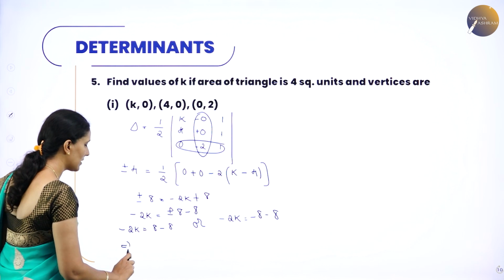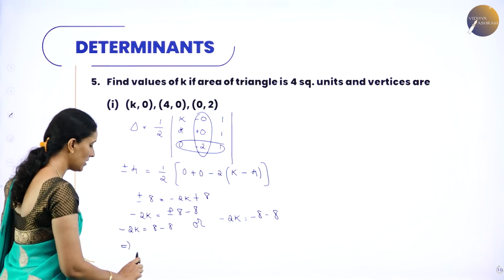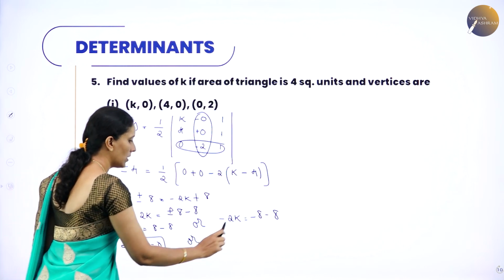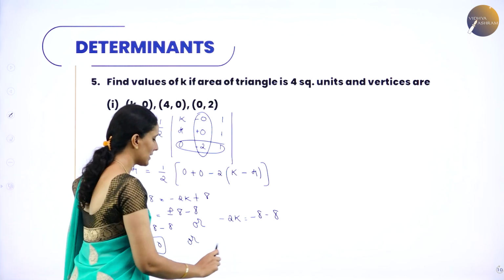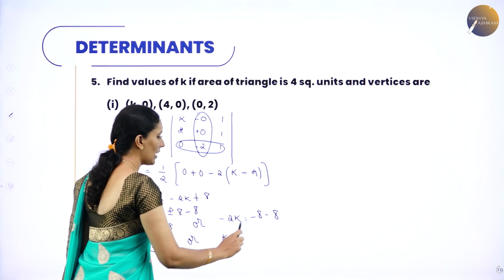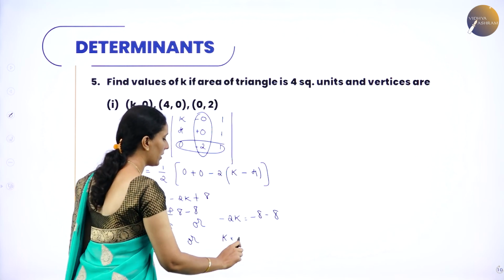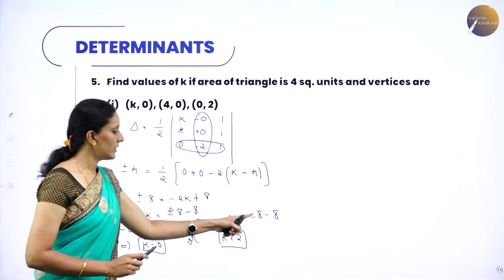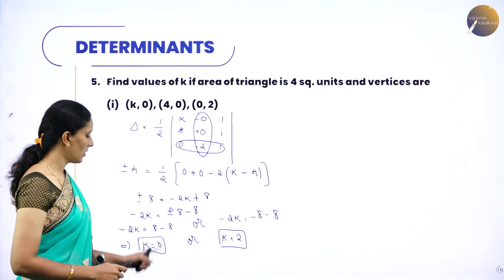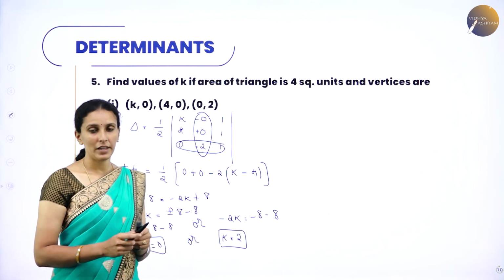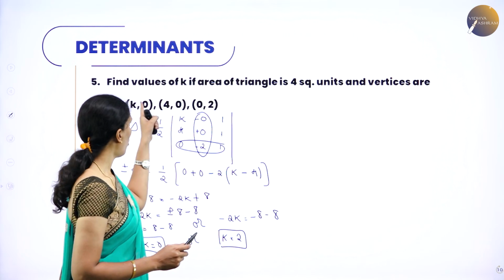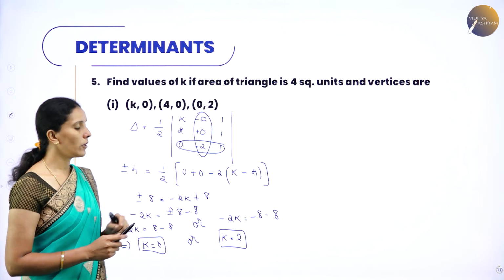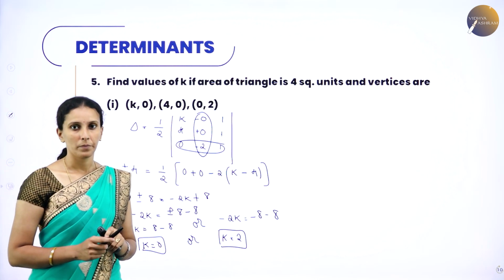So, 8 minus 8 is 0, which implies K is equal to 0. Or if minus 2K is minus 16, then K is equal to, because both sides are negative, 16 by 2, which becomes 8. Hmm, so K is equal to 0 or K is equal to 2 is the value of the point (K, 0). Therefore, the point may be (0, 0) or (2, 0).